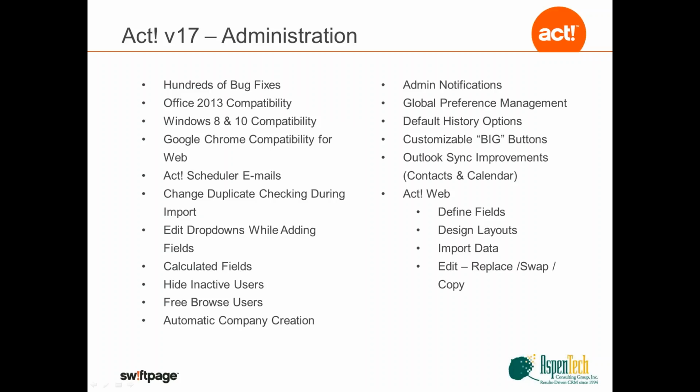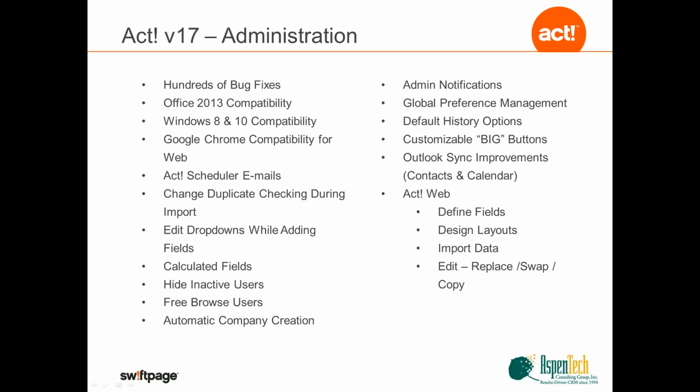On the administrative or behind the scenes side of new features and functionality, there's literally been hundreds of bug fixes over the last few versions of the product. We have Office 2013 compatibility, Windows 8 and 10 compatibility, Google Chrome compatibility for Act Web.